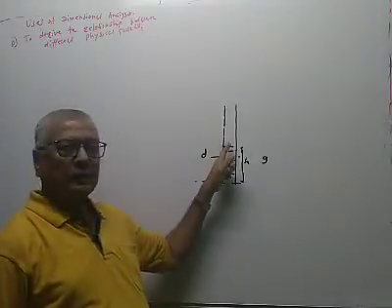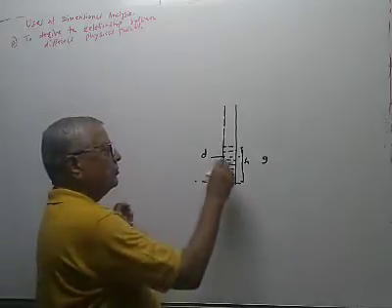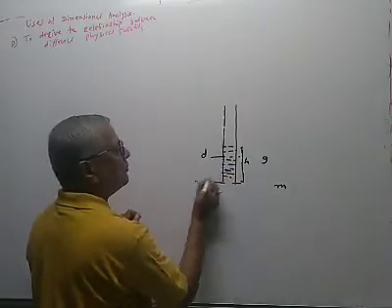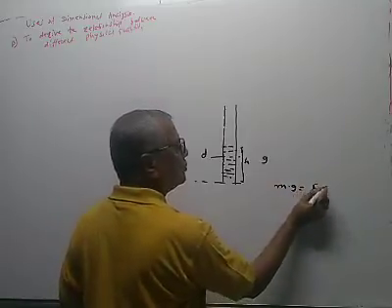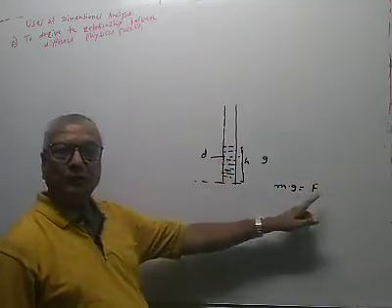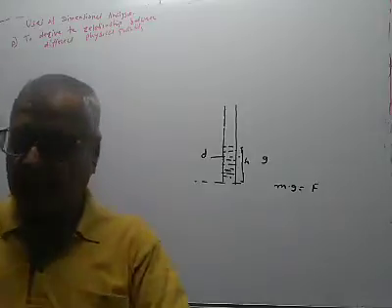So we know that this water column will have some mass. Let m is the mass of the water column. So what is m into g? It is the force, gravitational force acting on this water column due to the earth, and this gravitational force is always in the downward direction.